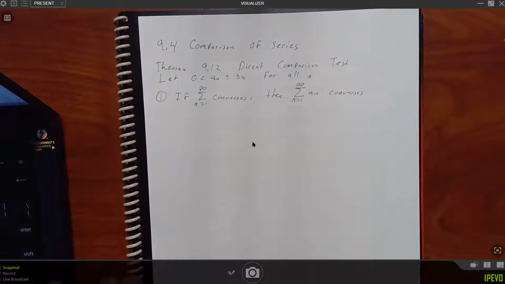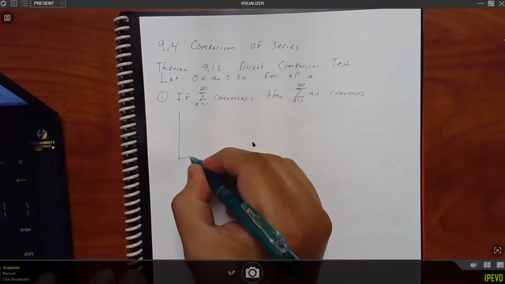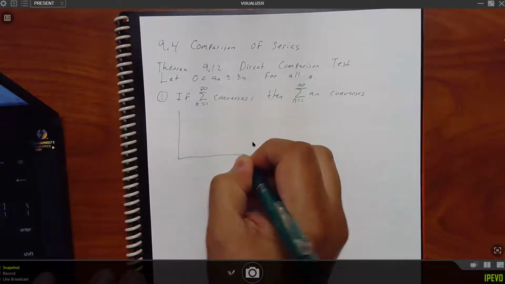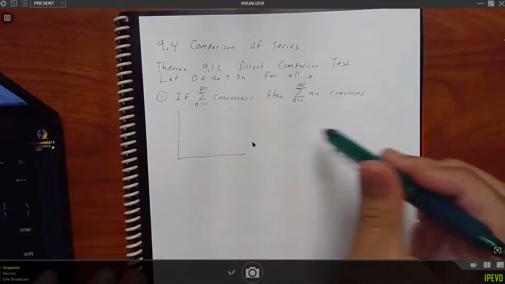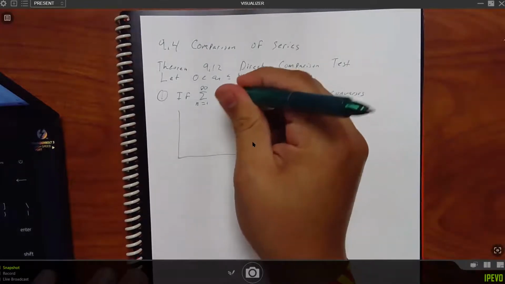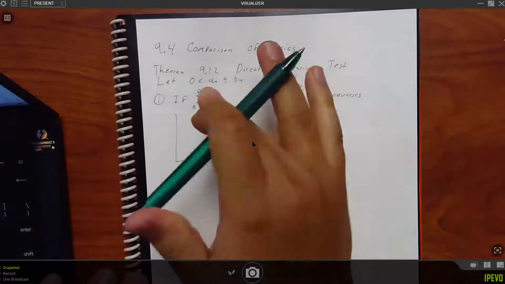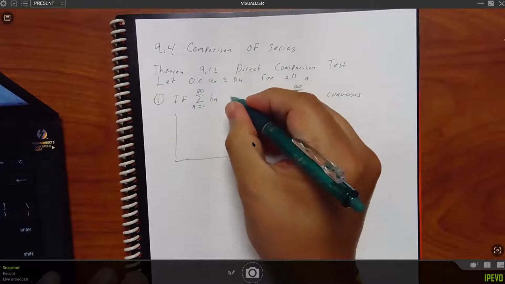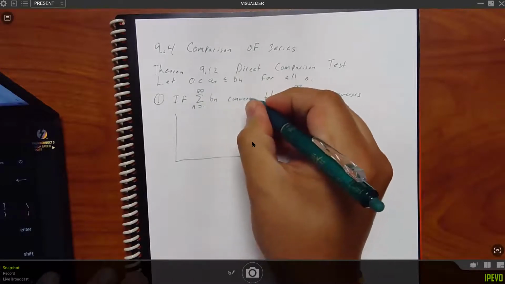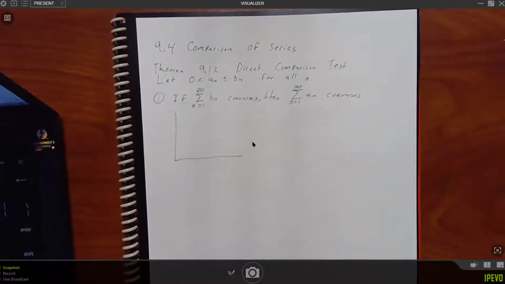Okay, I'm going to draw you a picture so you can visualize what I'm talking about. Forgot to write b_n; I said it, but I didn't write it. If the series of b_n converges, then the series of a_n converges as well.